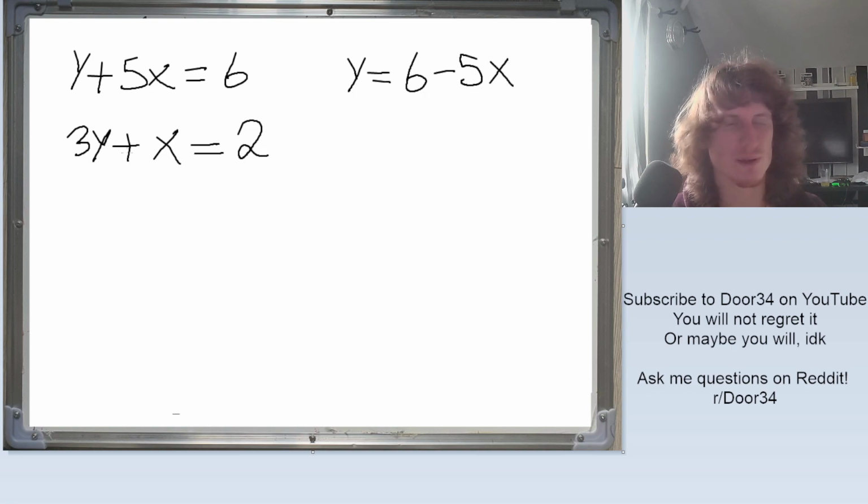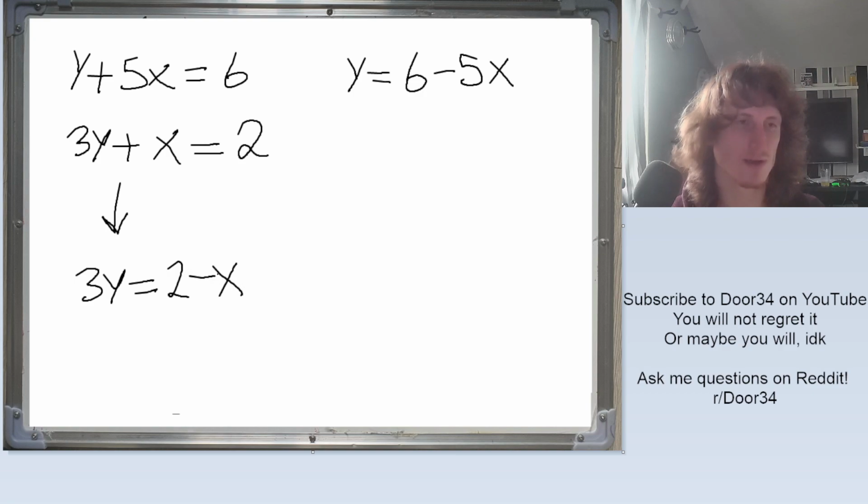Okay, and we're going to do the same again. So for this one, I'm going to take away x from both sides. So this is going to become 3y is equal to 2 minus x. And now we've still got a little bit of work to do because this is not in terms of y just yet. So we're going to divide both sides by 3. And you have to divide everything, so I'm going to put this in brackets.